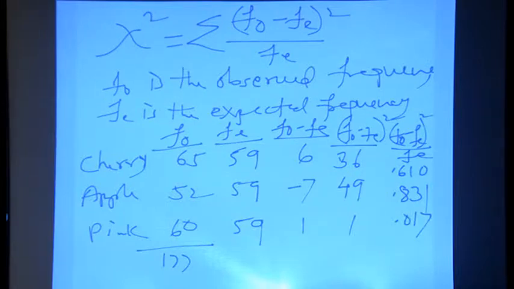When you add this up, see the formula here, you will get chi square. It adds up to 1.458.